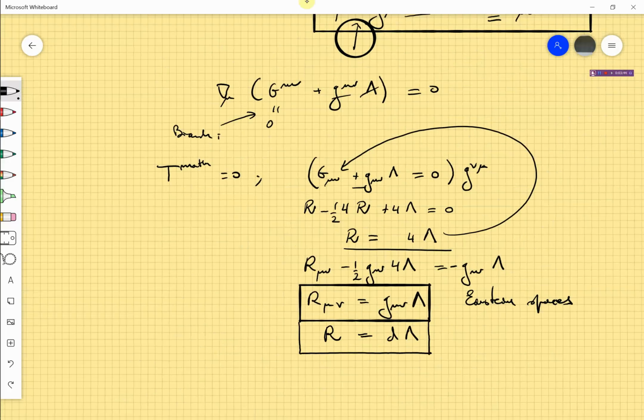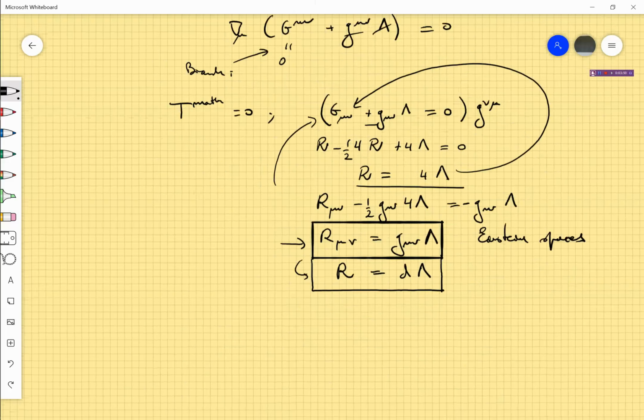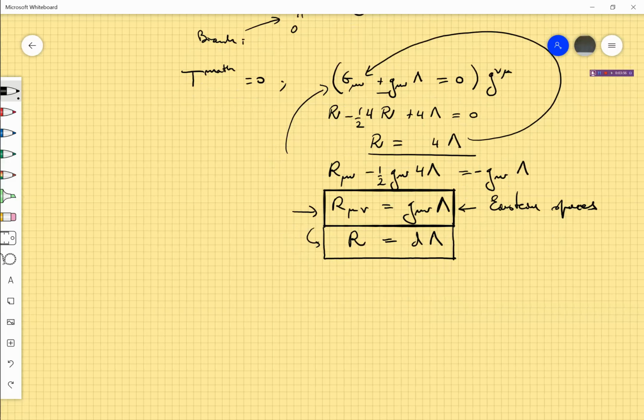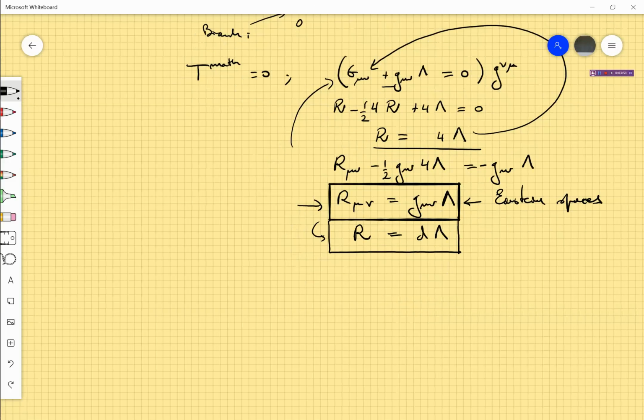These two equations are enough to find this, and then you can reproduce the original equation. So you only need to worry about this one.